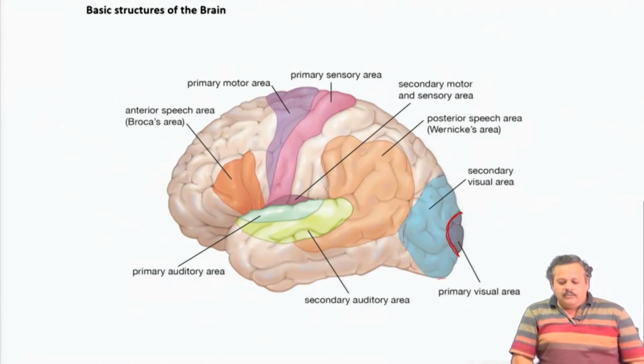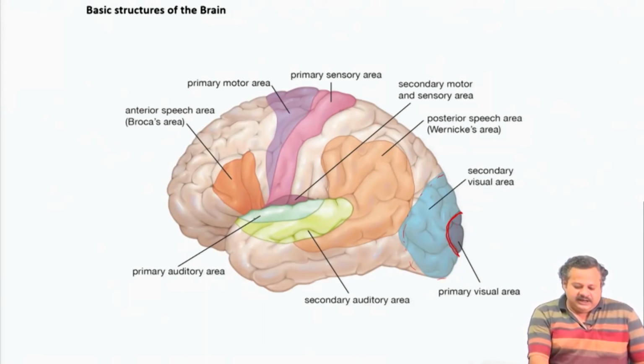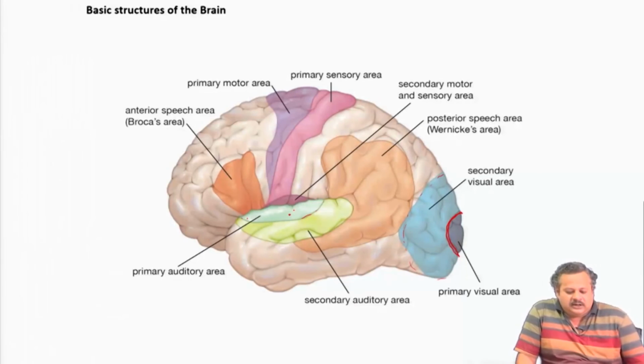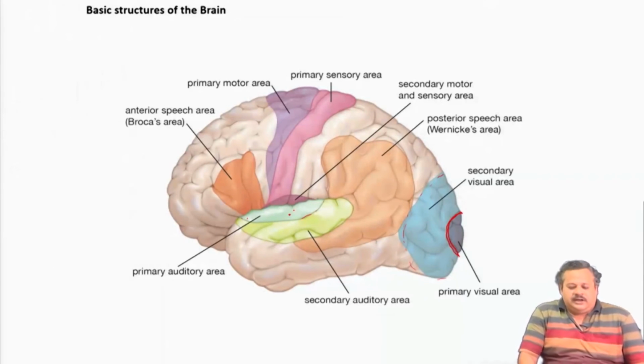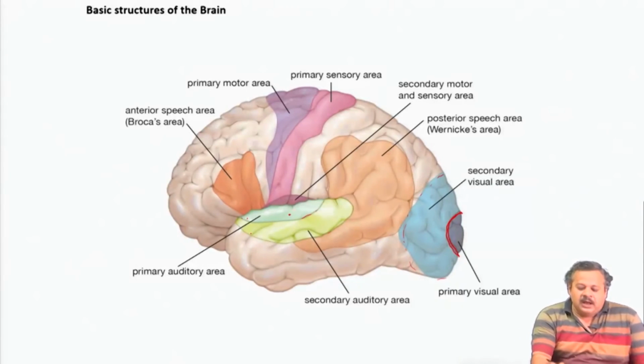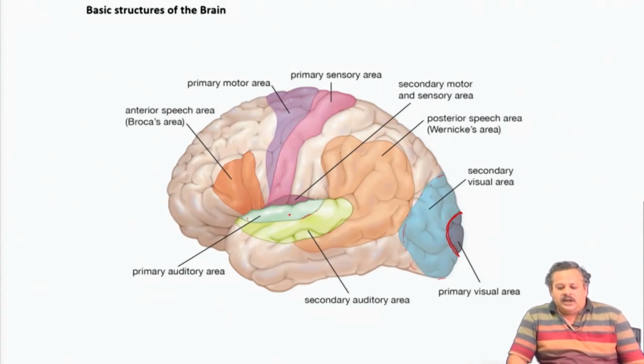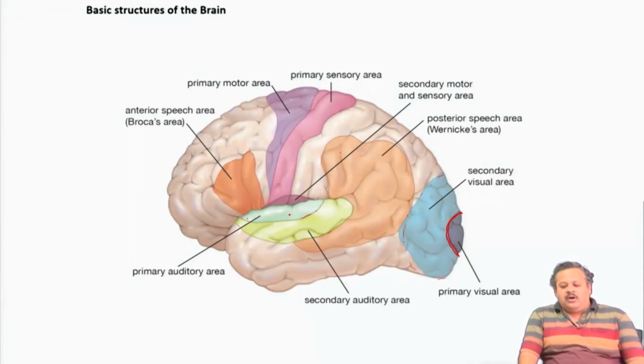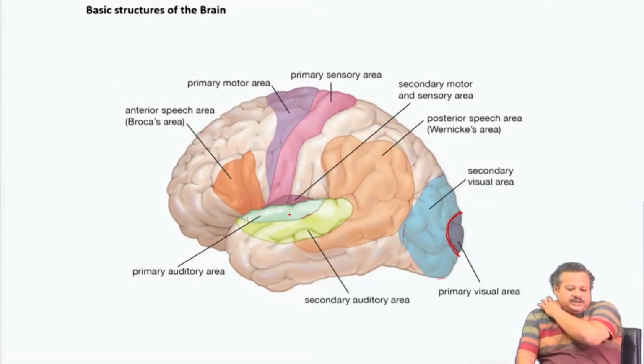Beyond that, along the superior temporal gyrus, we have the primary auditory area, shown in light green, and in a darker shade we have the auditory association area surrounding it. Further surrounding the whole region is Wernicke's area, the posterior speech area on the back side, which is involved with processing speech.